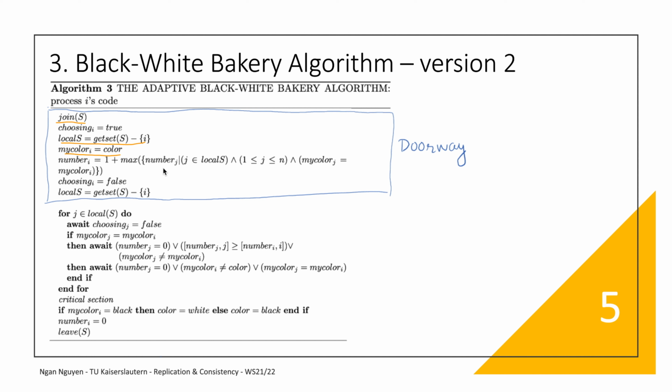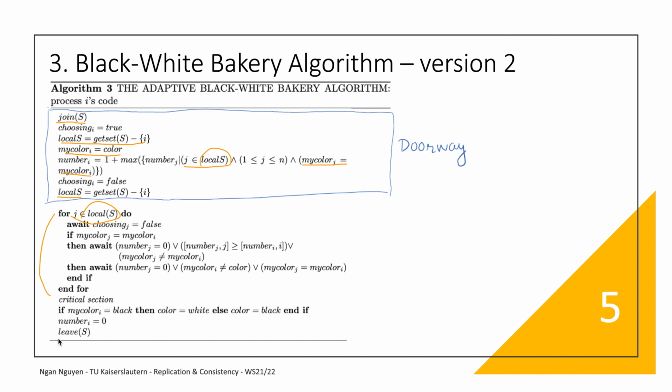Next, we calculate the maximum number of the other processes in local S with the same ticket color as process i. And then we set number i equal to 1 plus the maximum number. Then we reset choosing to false and update local S. For the waiting part, we look at the other processes in local S. The remainder is similar to the previous version.